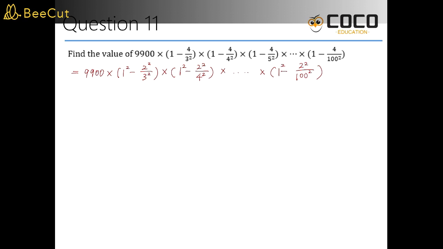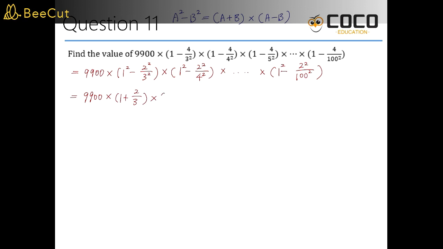So we've learned about this identity before. A squared minus B squared equals the sum of A and B times the difference of A and B. Right, here we can do the same. The sum of the two numbers is 1 plus 2 over 3.